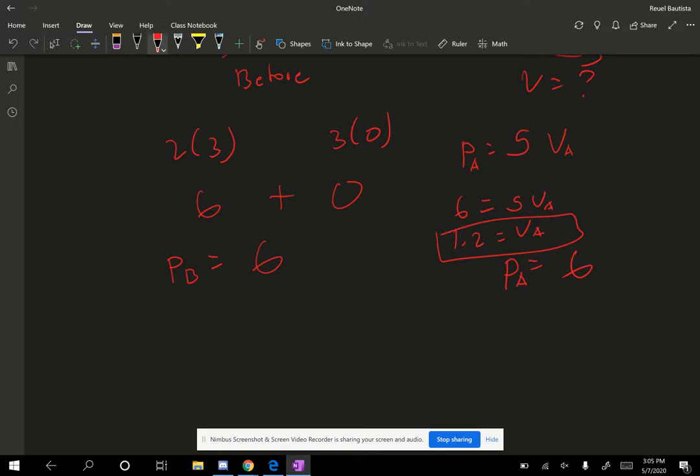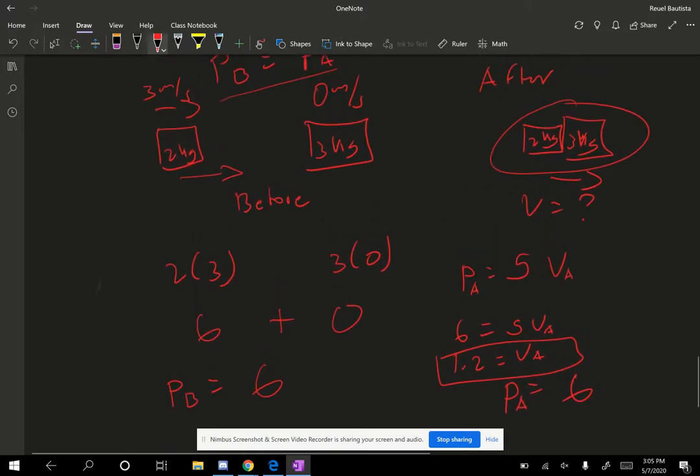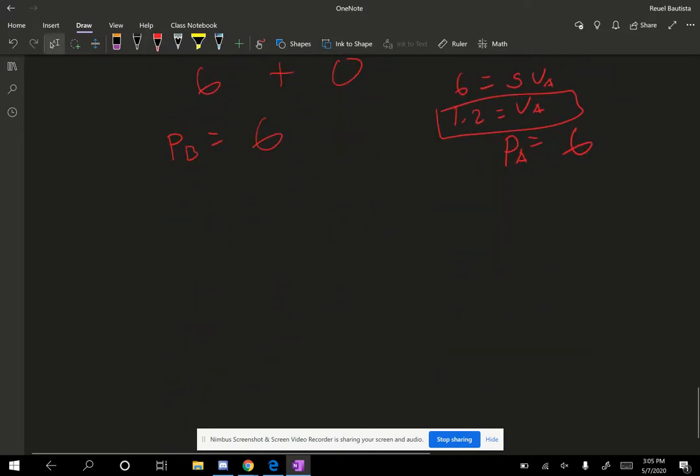That's the basics of momentum, but this is when the objects stick together. Important things to know about momentum are the different kinds of collisions. There are several different kinds: elastic, inelastic, and perfectly inelastic collisions.